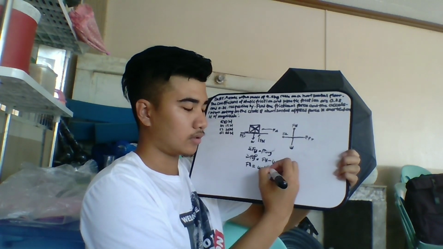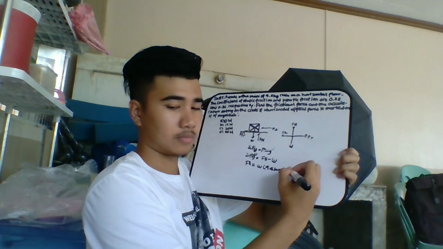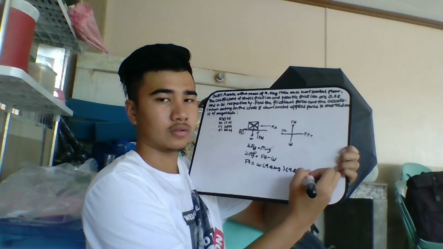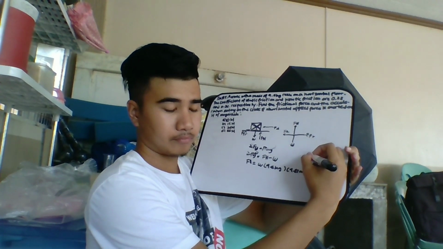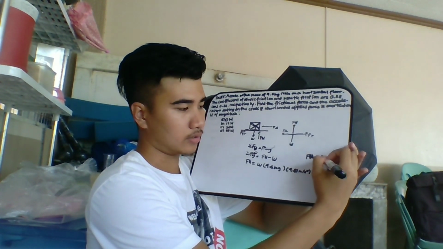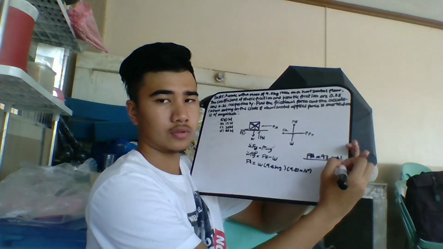We have 9.5 kilograms times 9.81 meter per second square. So normal force is equal sa 93.20 Newton.